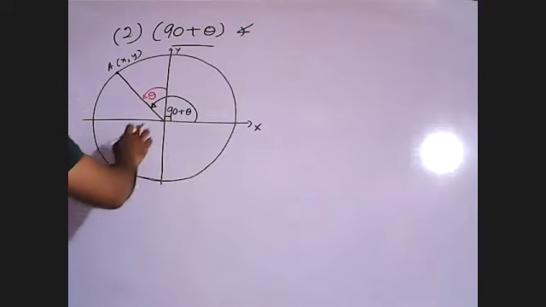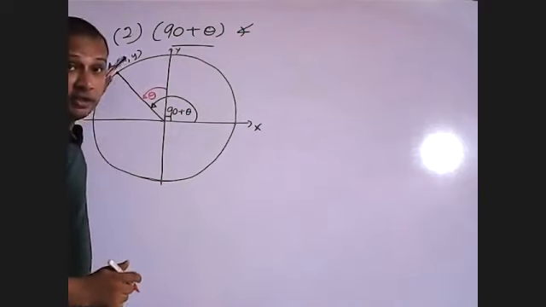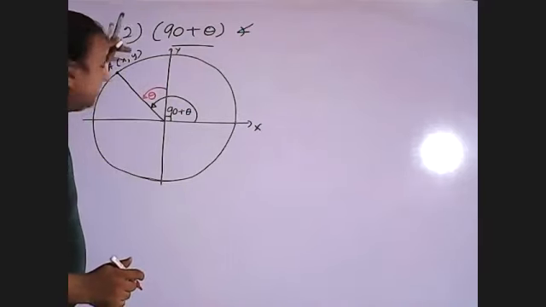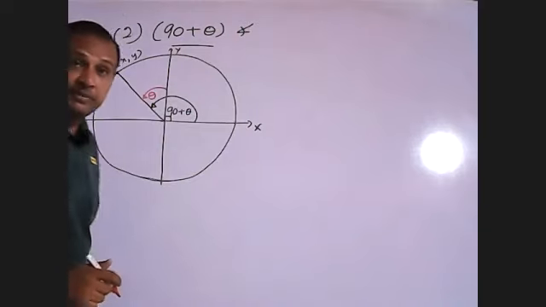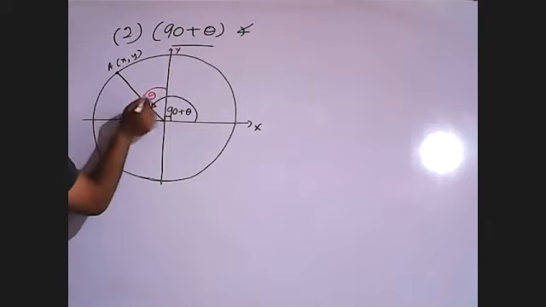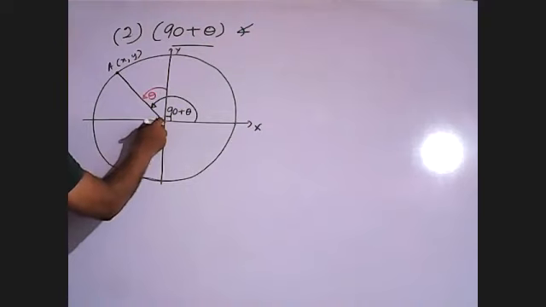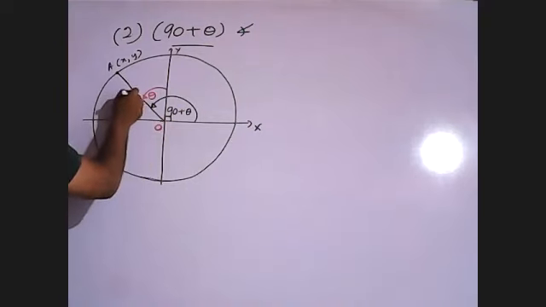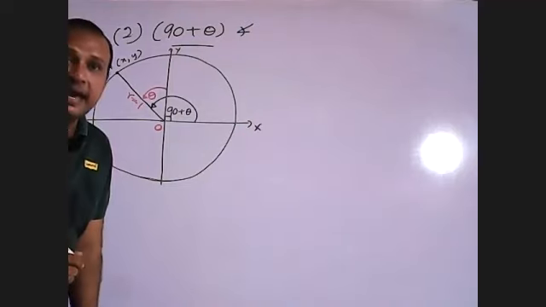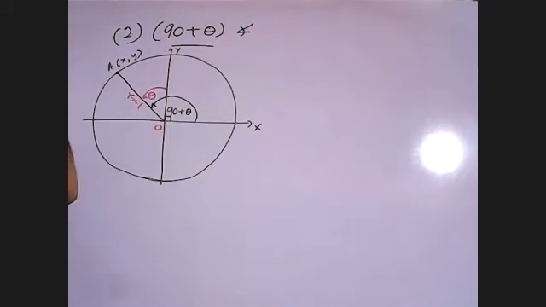Suppose the corresponding point on the unit circle is A, and the coordinates of that point are x comma y. OA length, that means R, is equal to 1, as this is a unit circle.